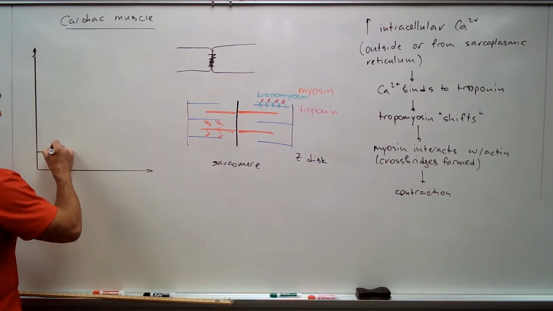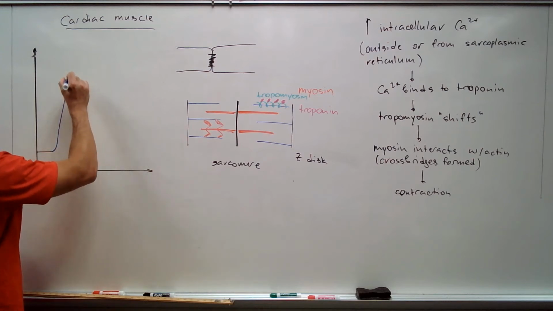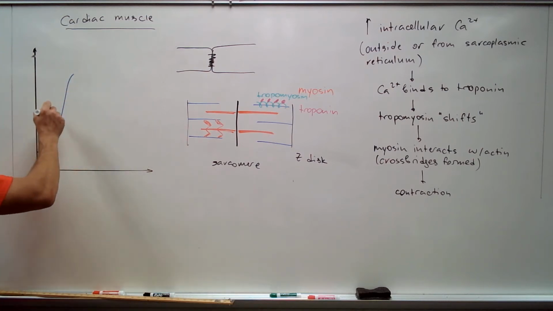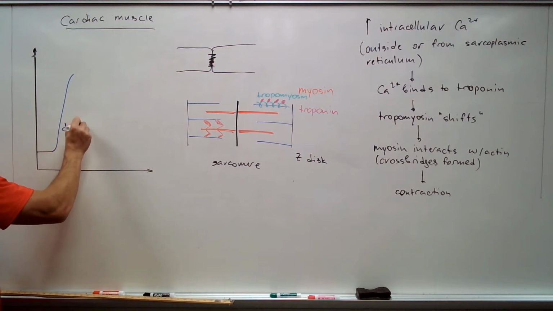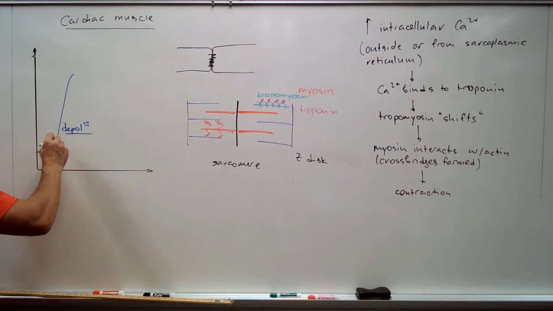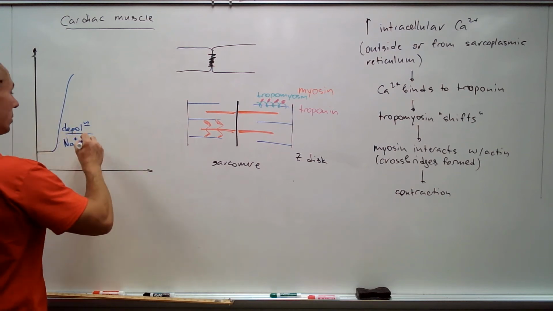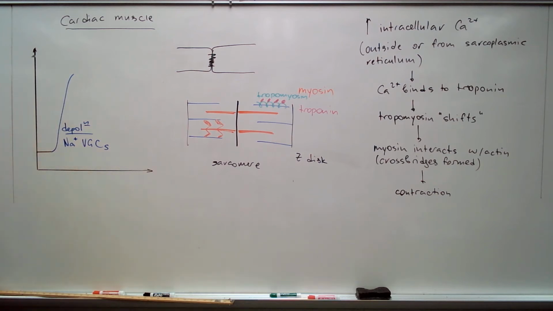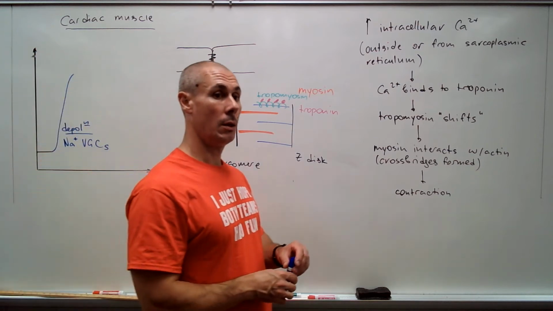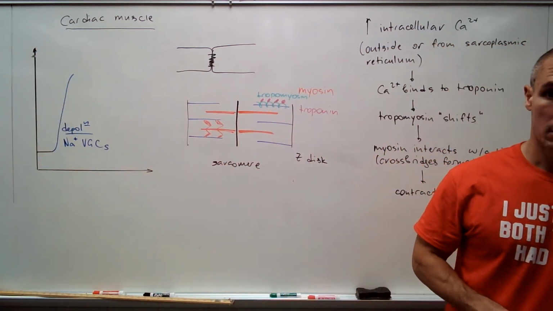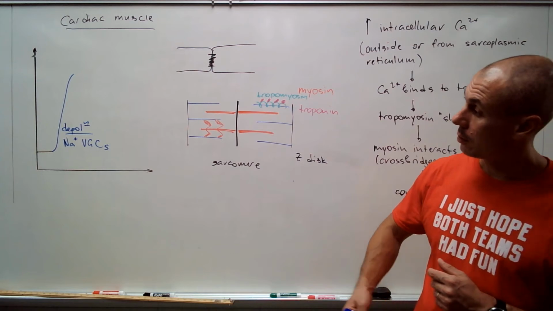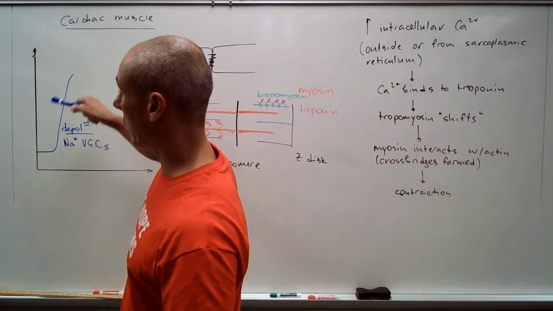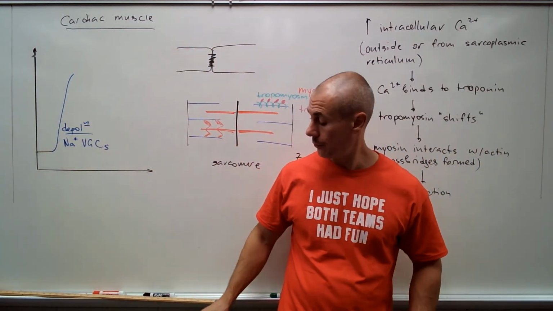So first, cardiomyocyte gets depolarized. Okay, so this is depolarization. And this depolarization occurs due to the sodium voltage gated channels. Okay, does that make sense? So voltage gated channels open, resulting in depolarization of a cardiomyocyte.